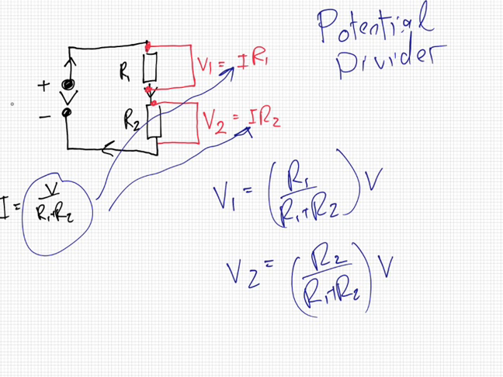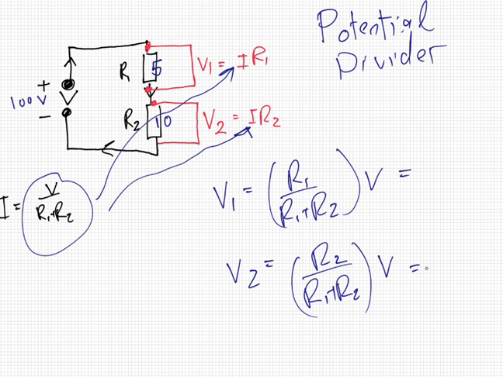So I'll give you an example, or I'd like you to do one for me. Let's say here is 100 volts, and then let's say this is a 5, and this one here is a 10. Can you tell me what the V's are?